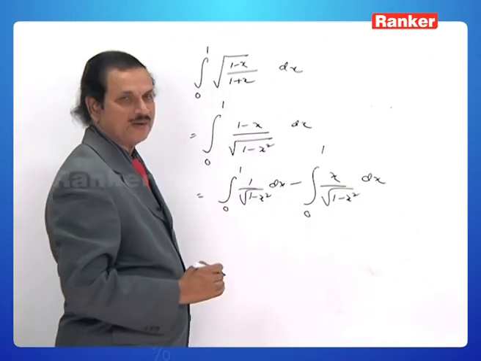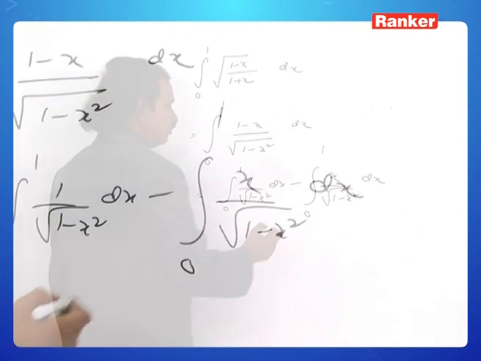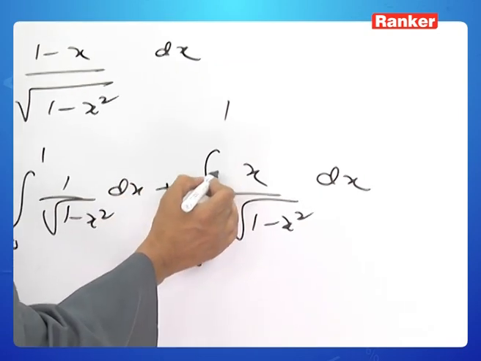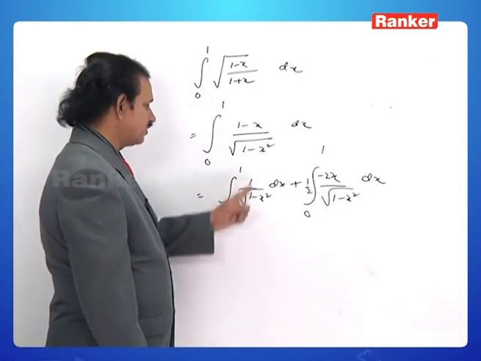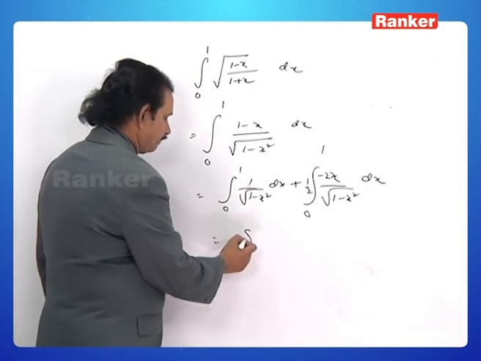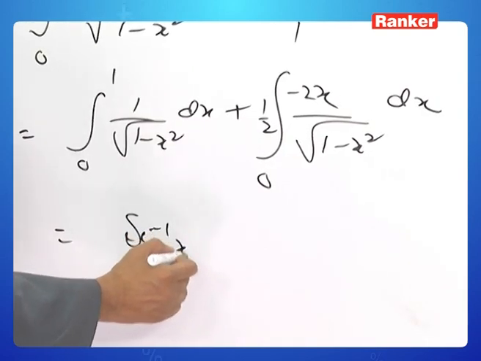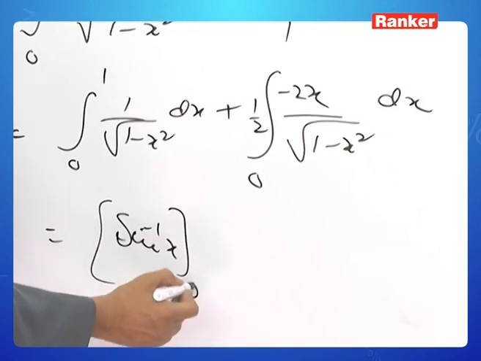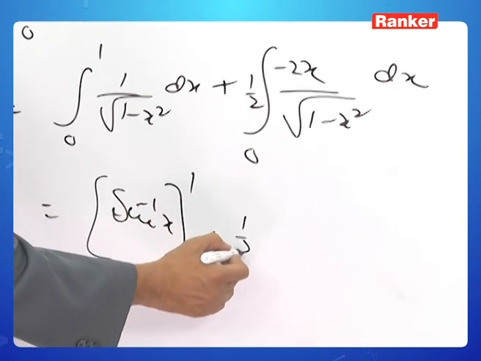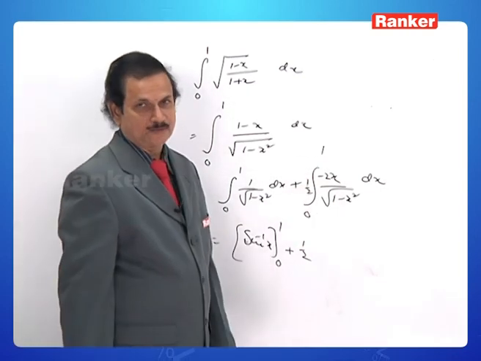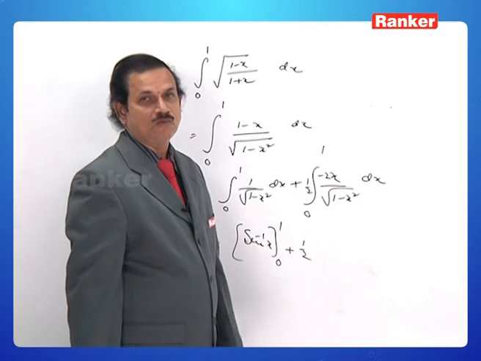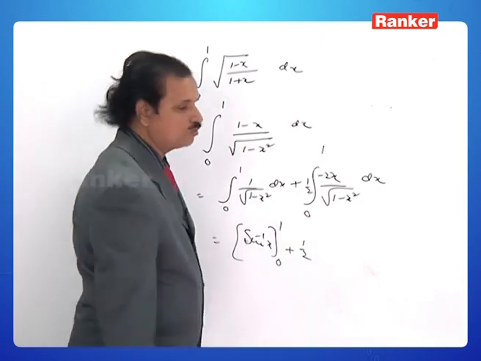I have split it into two parts. What is the integral of 1 by root of 1 minus x square? Sin inverse x between the limits 0 to 1. Here it is f dash x by root f x, which gives 2 root f x.